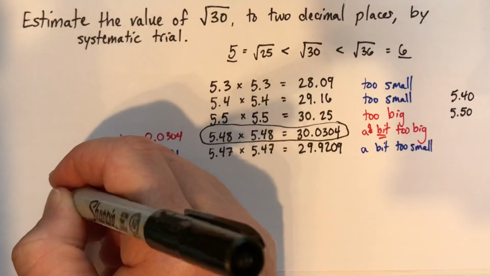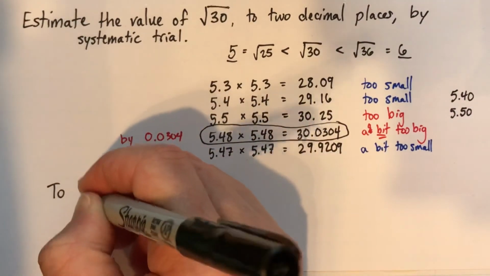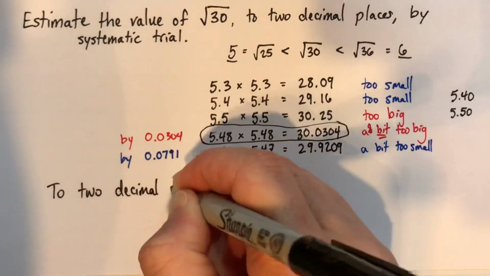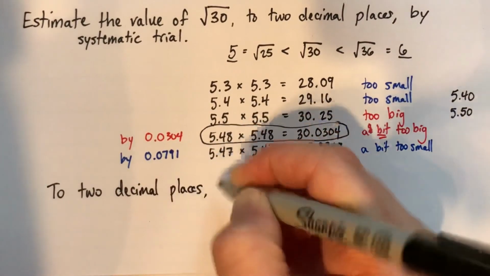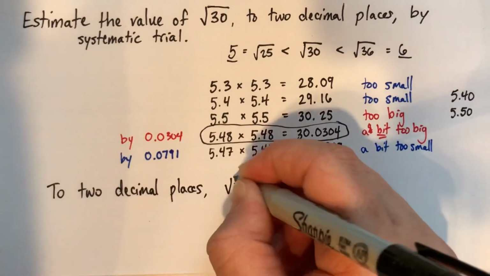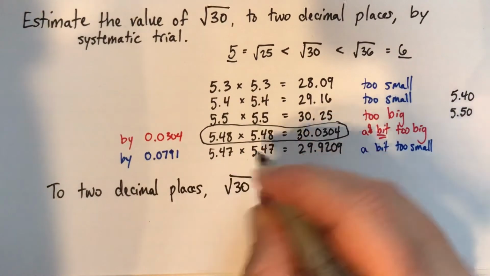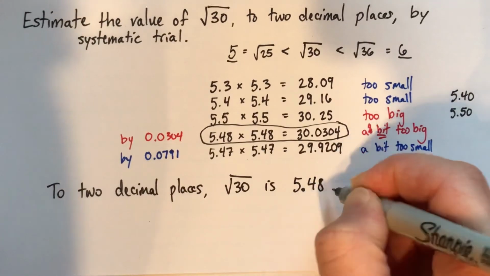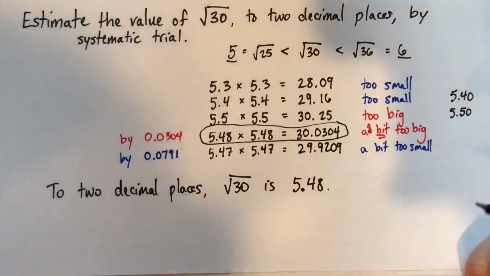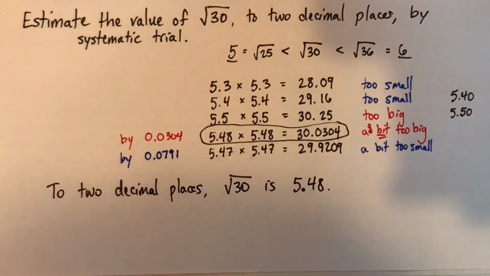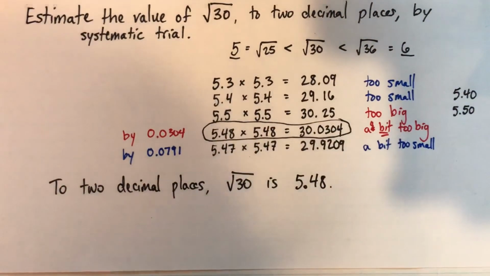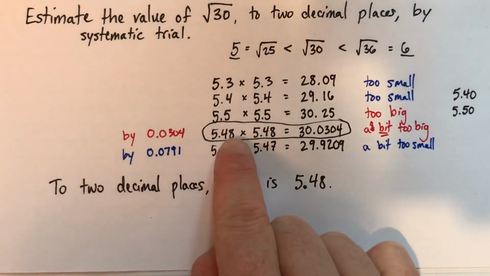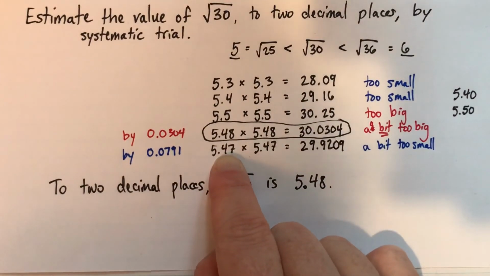So we'll say to 2 decimal places, the square root of 30 is 5 48/100ths. All right, and if you wanted to be more precise, if you wanted to find it to 3 decimal places, then you'd look for numbers that were between 5 48/100ths and 5 47/100ths.